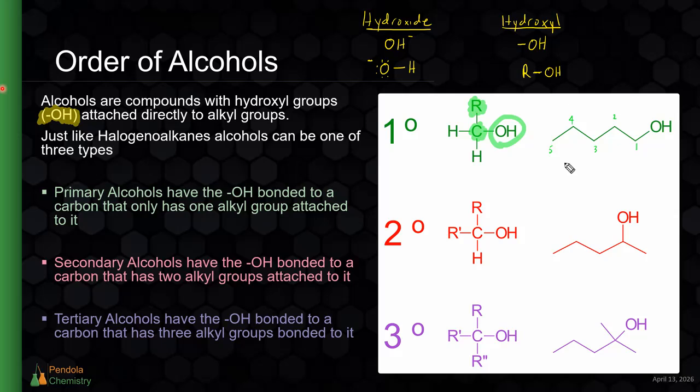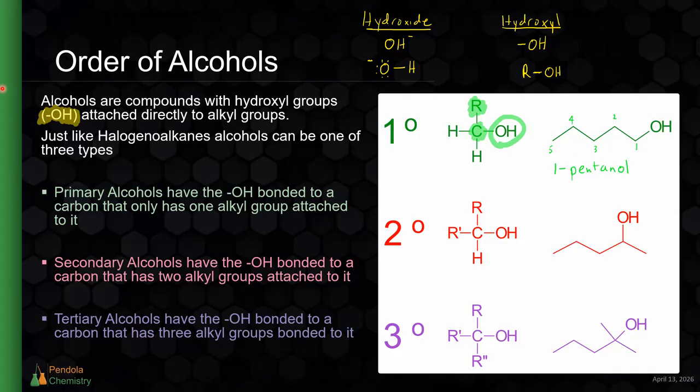This will be known as pent, because there are 5 of them, an, because everything is single bonded, ol, because it's an alcohol. So 1-pentanol. The 1 here at the front refers to the alcohol being in carbon 1. We could also name this pentan-1-ol, and that would also be a correct name. So it's a primary alcohol.